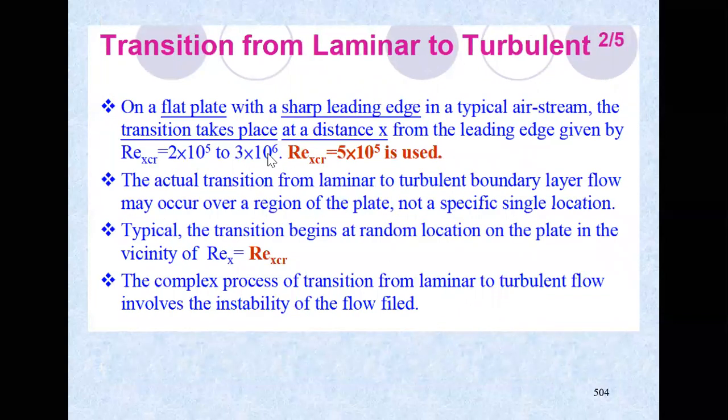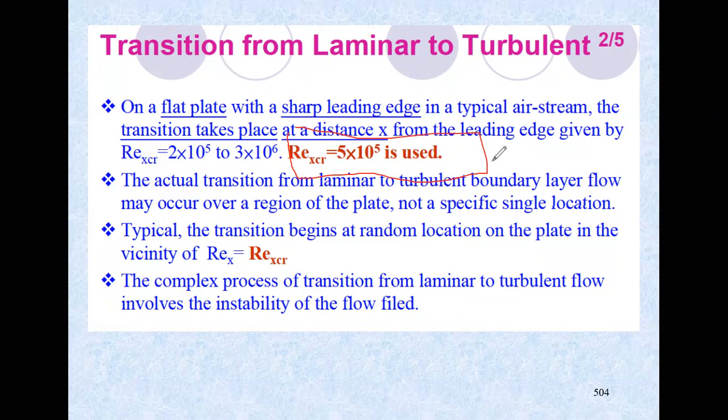So the convention is you have this critical Reynolds number, 5 times 10 to the power of 5, although it's actually a range, but the convention is a single value, where below this you have laminar, above this you have turbulent. Why do we care about that?